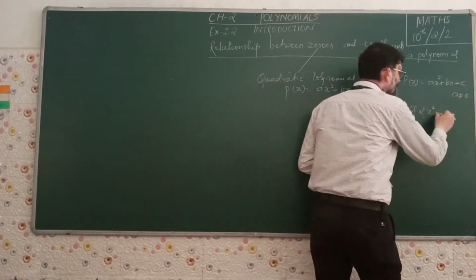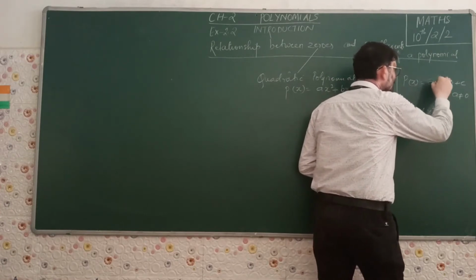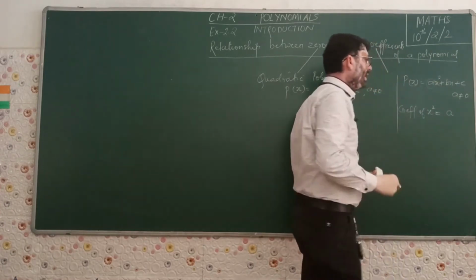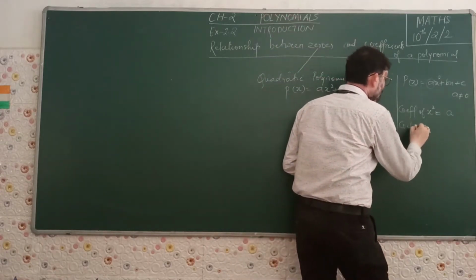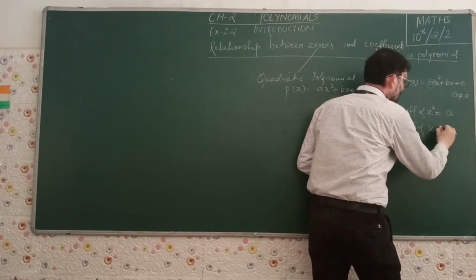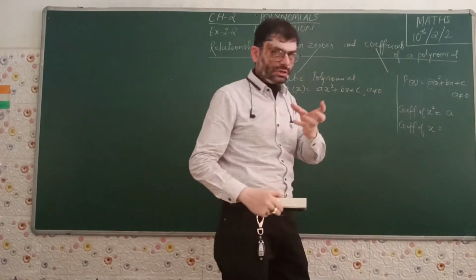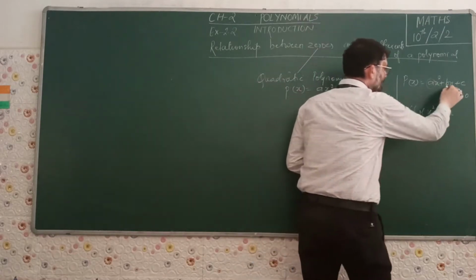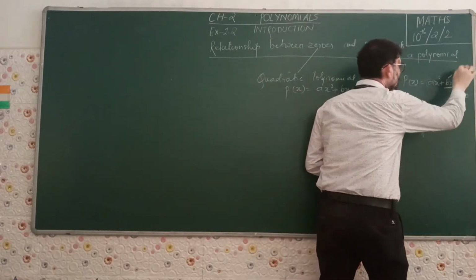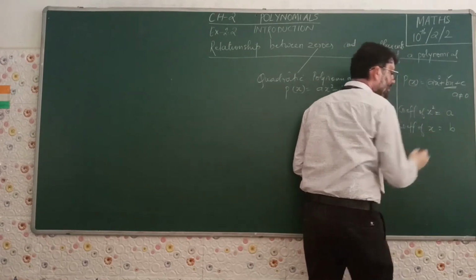And what is that constant value here? That constant value is a. So coefficient of x squared is a. You can say coefficient of x. So what is the coefficient of x? That constant value that is with x. That is b. So coefficient of x is b.